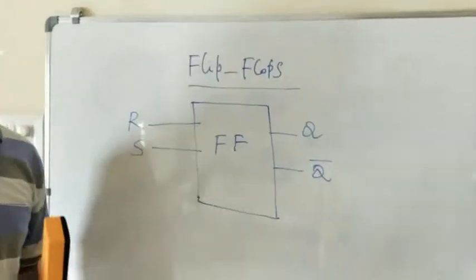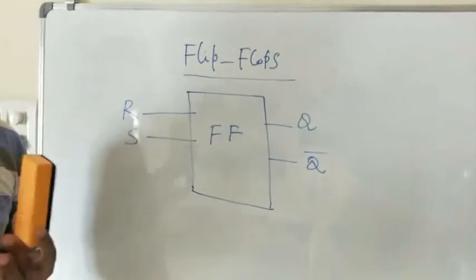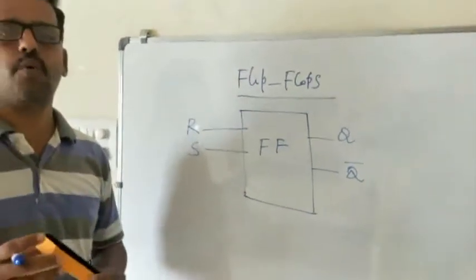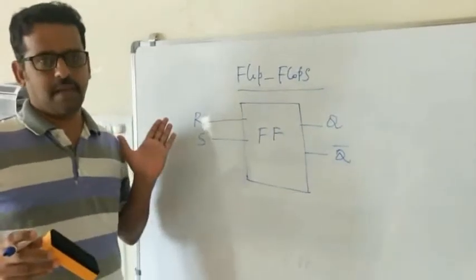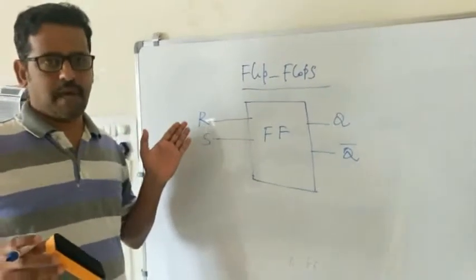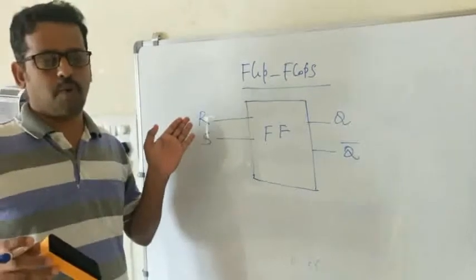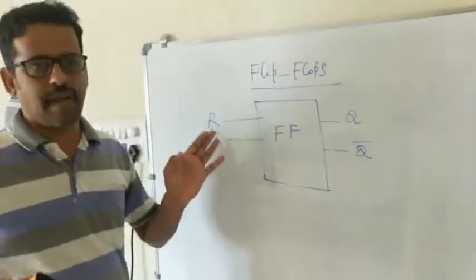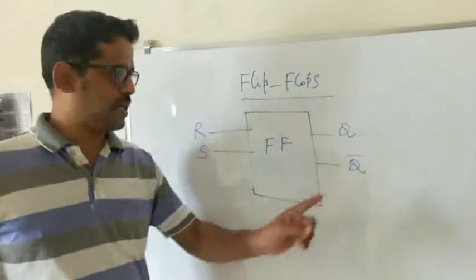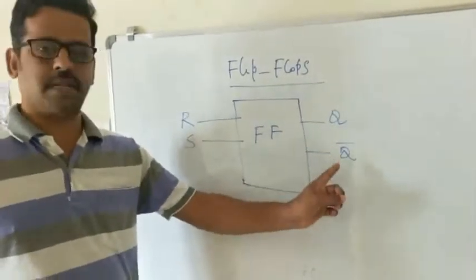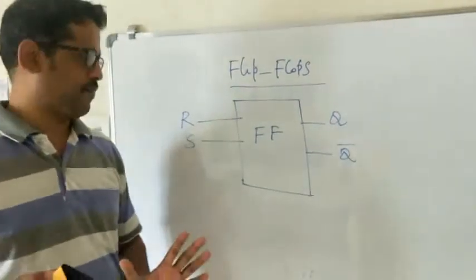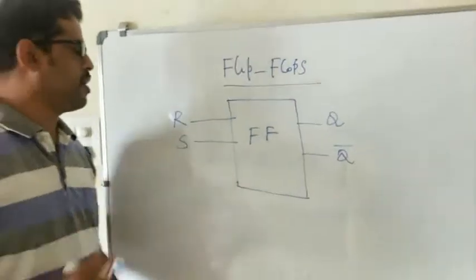It is important to note that the output of any kind of flip-flop is two outputs, that is Q and Q dash. Only the number of inputs will change. The flip-flop may have two inputs or one input, but the output is always Q and Q dash. Q is the normal output, Q dash is the complemented output. This is the simple block diagram of the RS flip-flop.